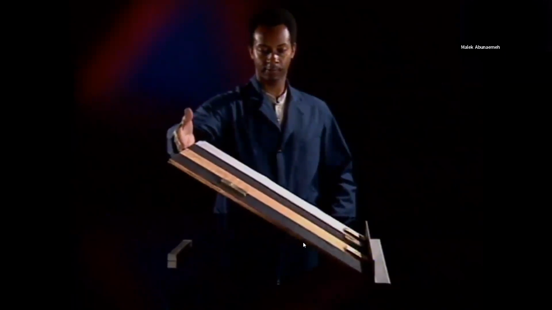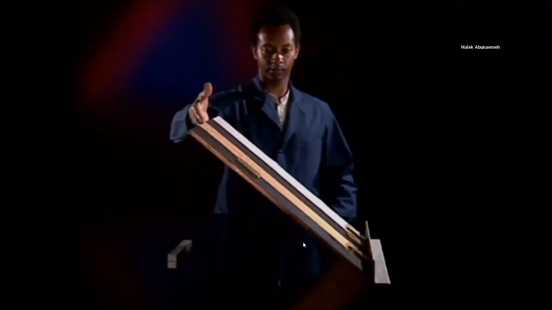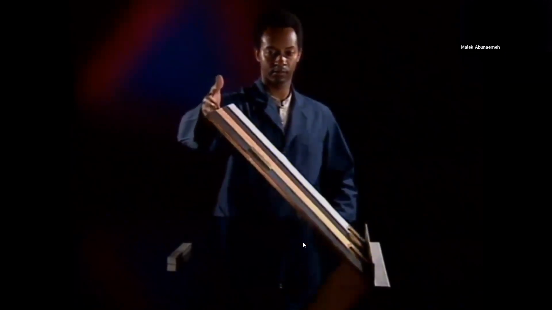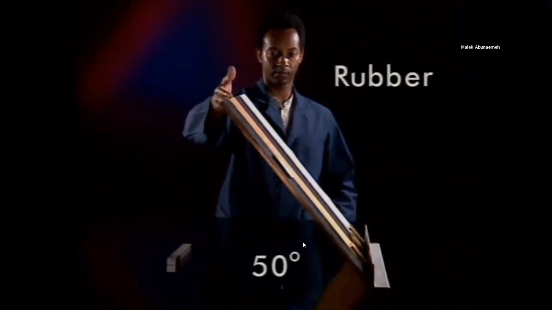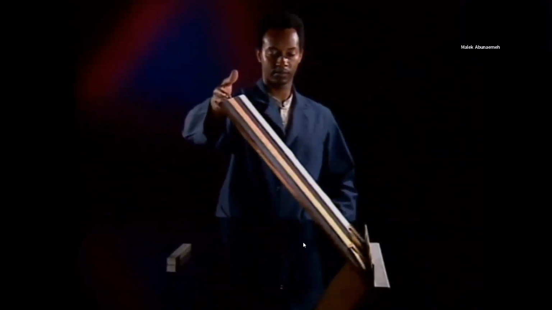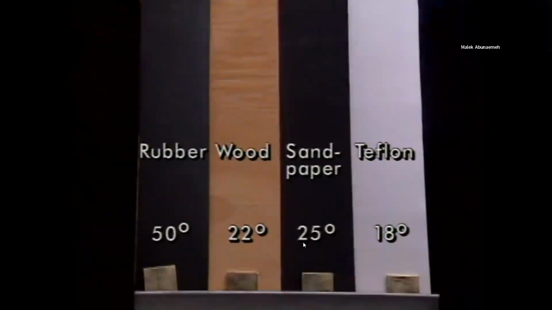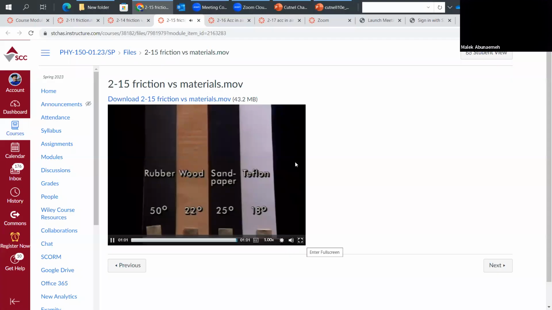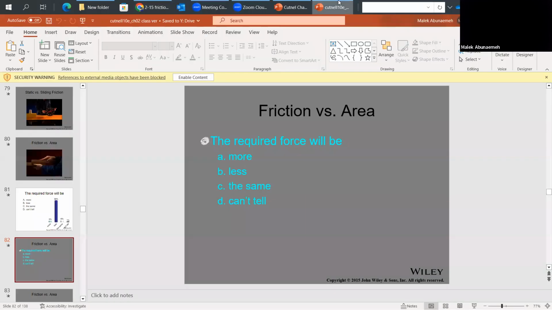And then rubber is like glue. It's going to take almost 40 or 50 degrees in order to go down. Wonderful.